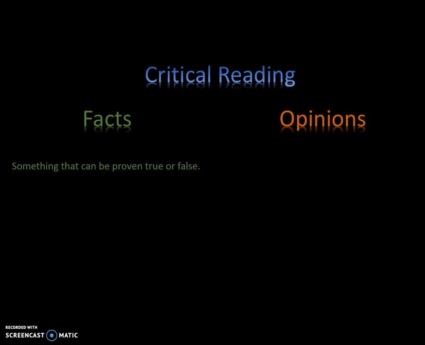For example, an essential skill of a critical reader is their ability to distinguish between factual statements and those that are opinions. A critical reader understands that most of what they're going to read is going to be a combination of facts and opinions, and they have the capacity to identify which is which while they're reading.